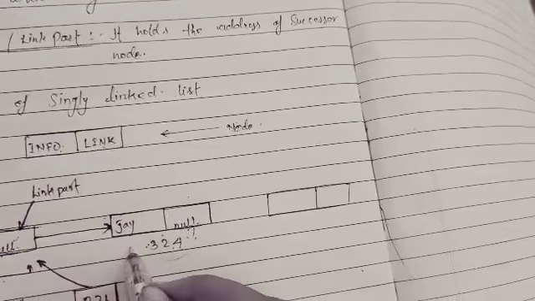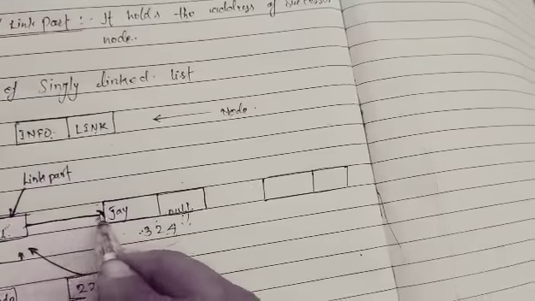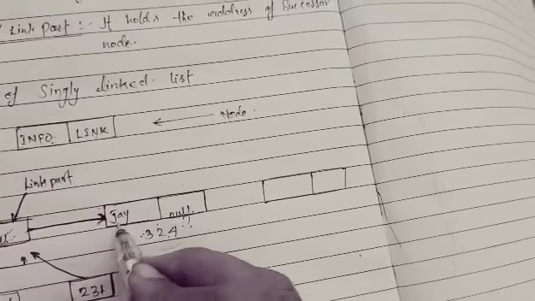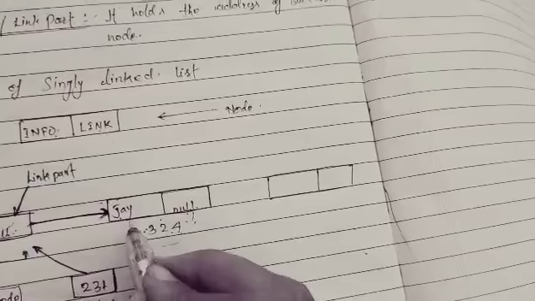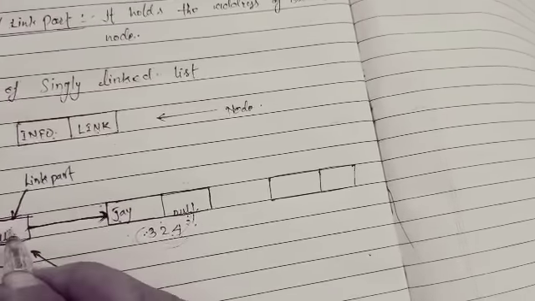It means it holds the address of the next node. Okay, so the next node is this, and the address of this node is 324.